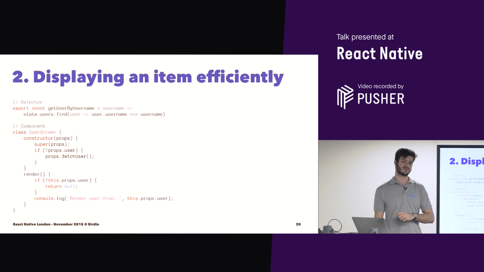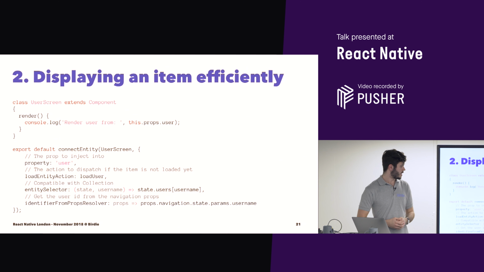Right. So what's the Galette solution for this? Much simpler. You see that the component part is literally just the console.log. So it's just the render of the item, once I'm sure I have fetched the item, that I can really display it. And it's not going to be undefined or null or an empty object whatsoever.